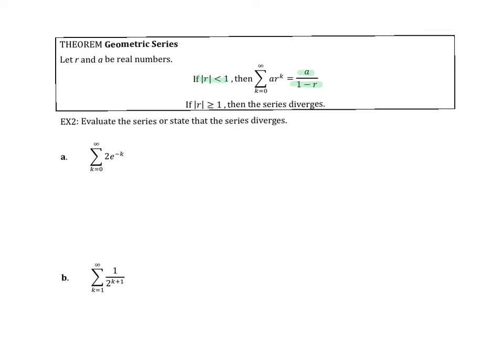So it converges, and in fact it converges to a over 1 minus r. Now this a is really important. That's going to be the first term, so you need to know what that is. And r, your ratio, is important too. What's not important is your starting k value, because we saw previously that it really doesn't matter what k value you start with.